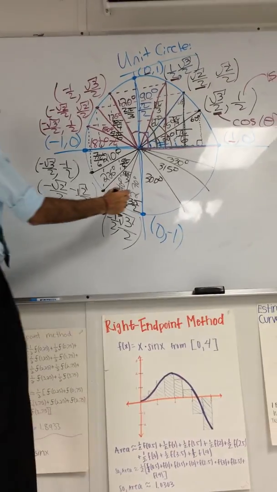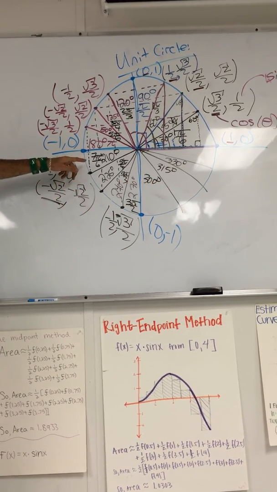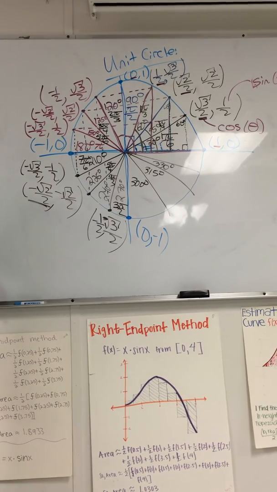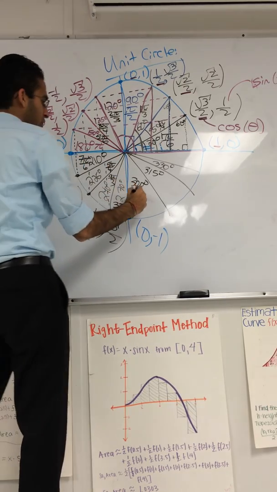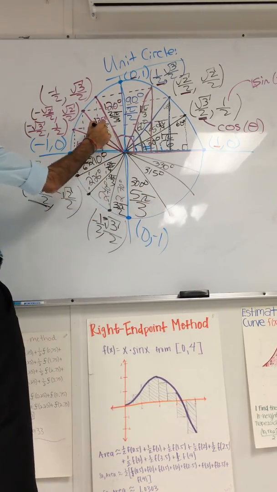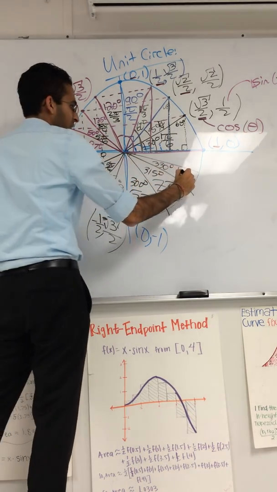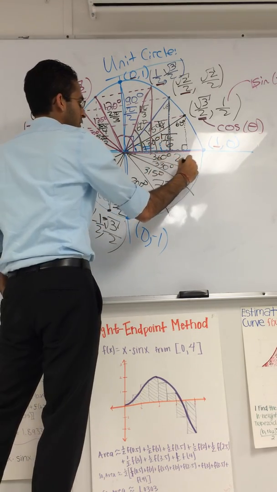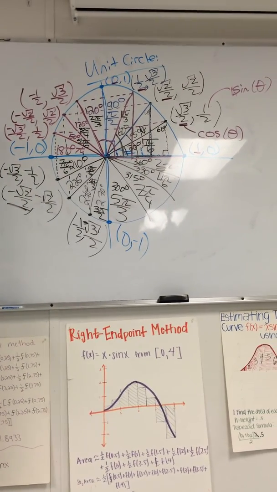And then the radians, here we go. 3 plus 2, 5 pi over 3. 4 plus 3, 7 pi over 4. For 330, 6 plus 5, 11 pi over 6. 180 is pi, so that means 360 must be 2 pi. You guys can fill these quadrants in. It's all online. Khan does a great job of it.